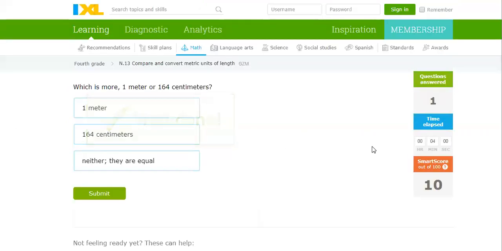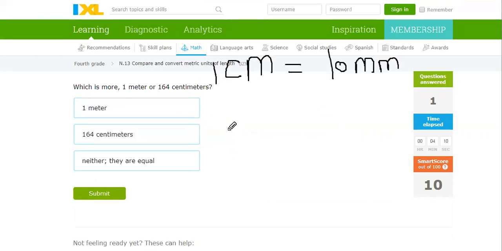Okay, next question. Oh, well done this time. Which is more, 1 meter or 164 centimeter? Again, we are going to begin with the end in mind. 1 centimeter is 10 millimeter, but this is not what I need. I need the relationship between 1 meter and the centimeter. This is the fact between centimeter and millimeter.